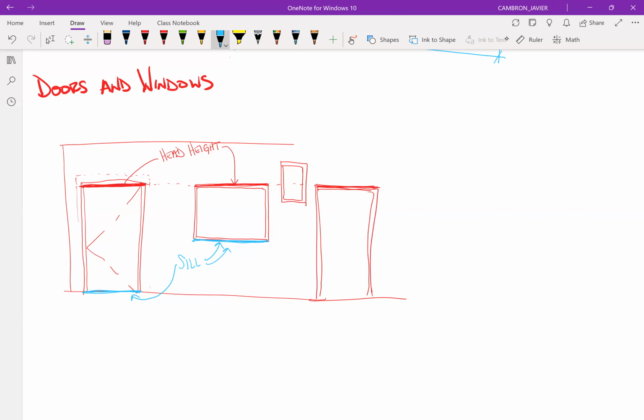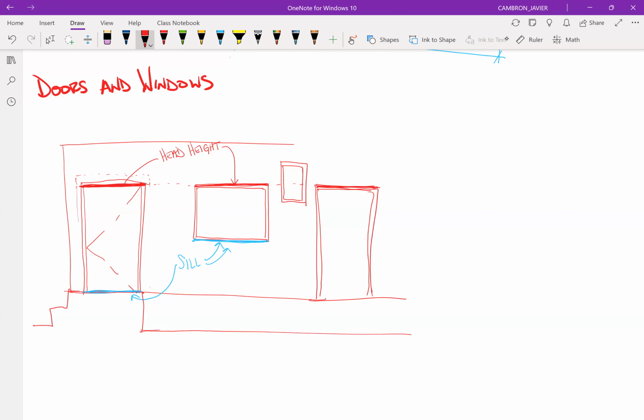The reason for that is sometimes our door is not going to be at the finished floor. Sometimes we might have a raised foundation, or an area of the house that is slightly higher than the rest of the house. From the outside, maybe we need a few steps to get there, but the finished floor is somewhere down here, right?